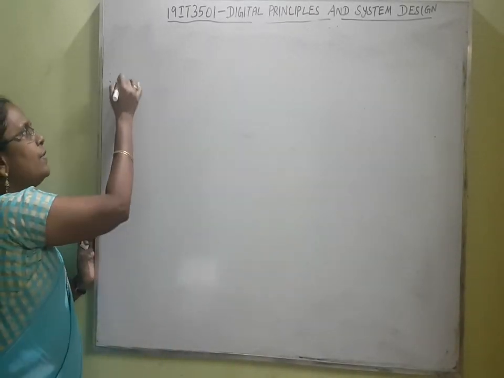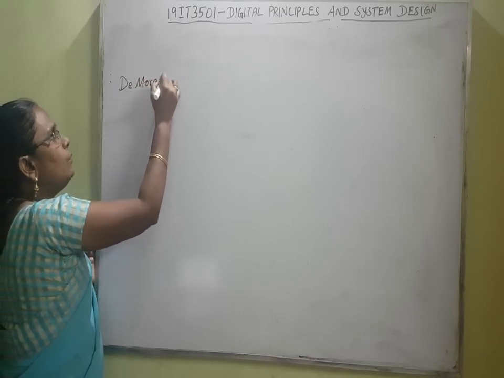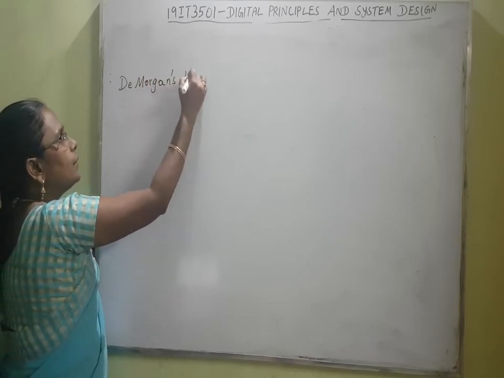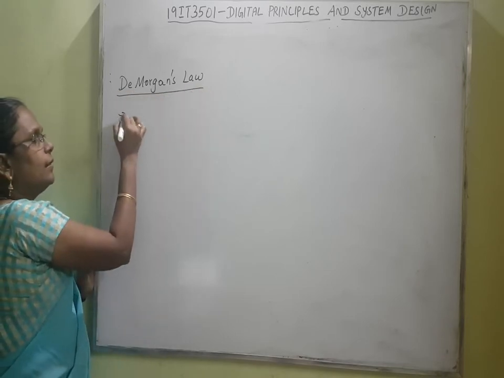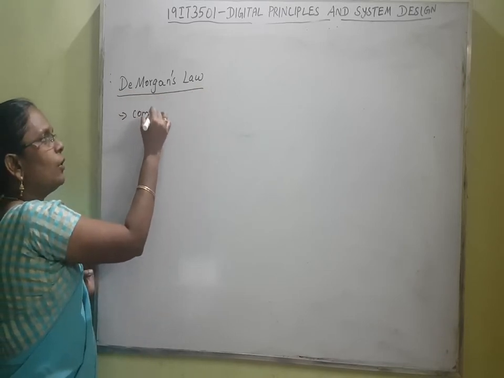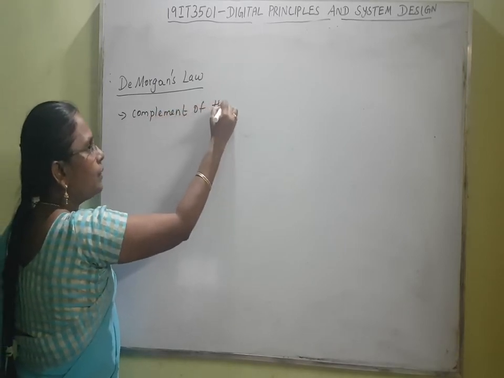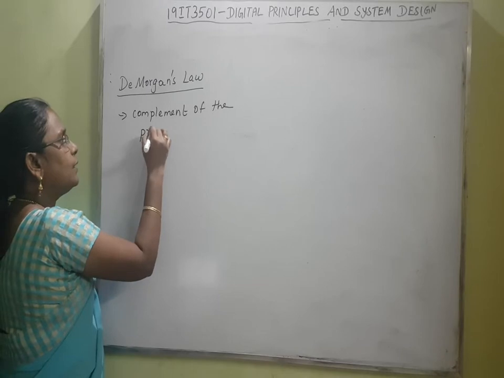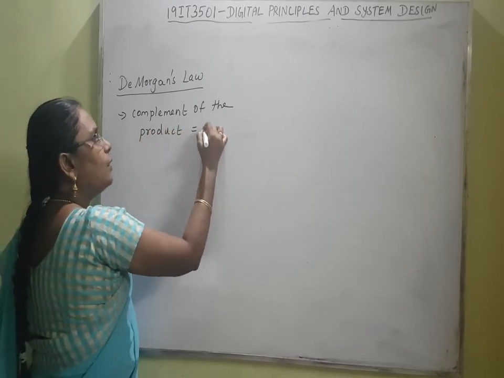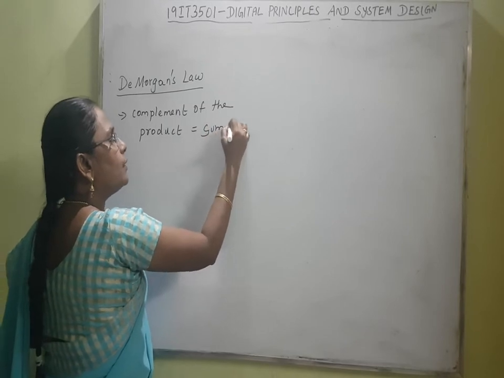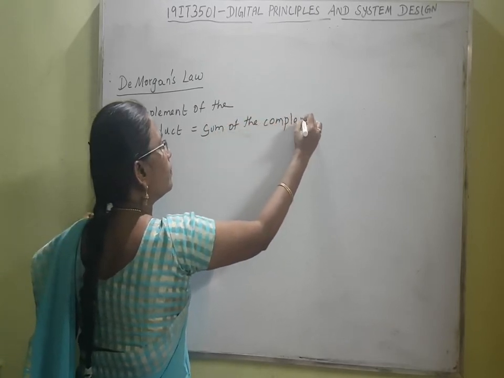The next one we are going to see is De Morgan's law. De Morgan's law states that the complement of the product is equal to the sum of the complements.